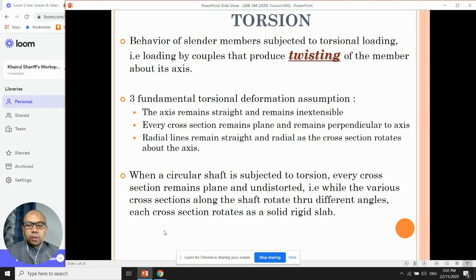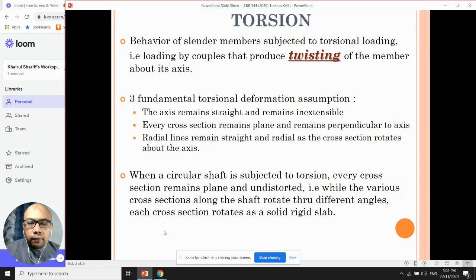So imagine you have a metal rod, and then you rotate the metal rod by applying the load in opposite directions. When this metal rod is twisted, that is why we call it a torsion condition.